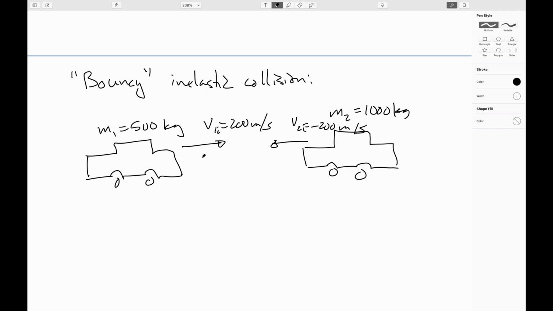And the reason now that we're keeping track of these as initials is because afterwards we're going to say that the two cars did not turn into a twisted mass of metal. Their bumpers did something anyway. So this car after the collision was measured as going at negative 20 meters per second.